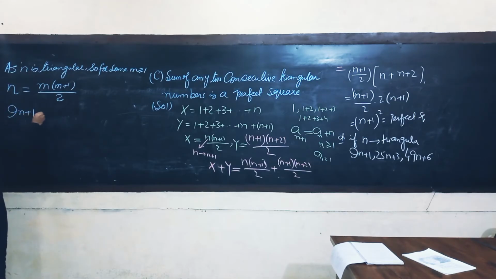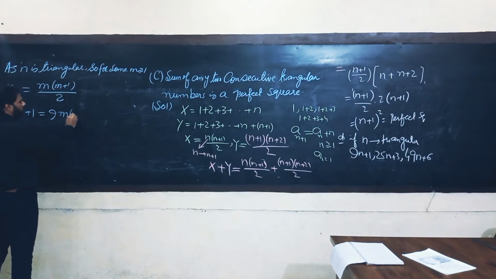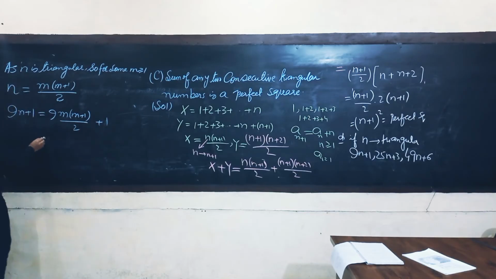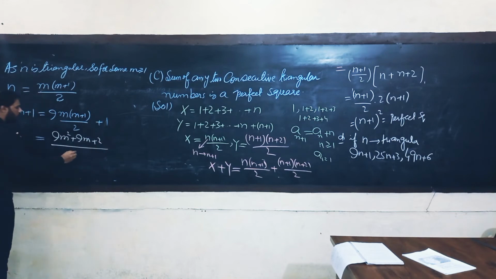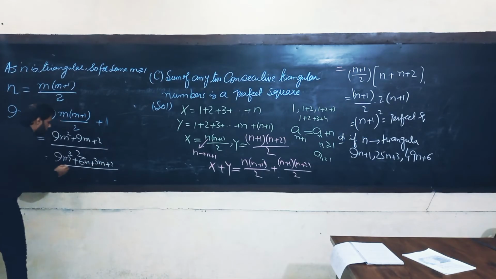Here, 9n plus 1. What is the value of n? n is m into m plus 1 by 2, so 9n plus 1 is 9 times m into m plus 1 by 2, plus 1. By taking LCM, this is 9m square plus 9m plus 2 over 2. By making factorization here, this gives us 9m square plus 6m plus 3m plus 2 over 2.